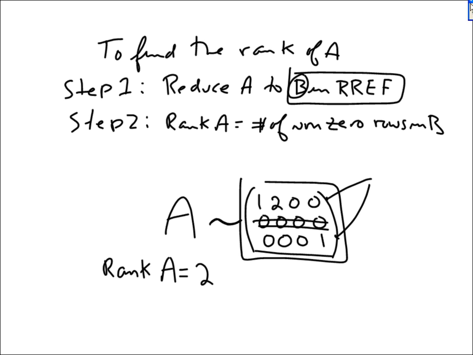There must be some matrix A that reduces to this. In fact, this matrix is not in RREF form, because the row that had all zeros I have to put at the bottom. There are 2 non-zero rows, so the rank of A is 2.